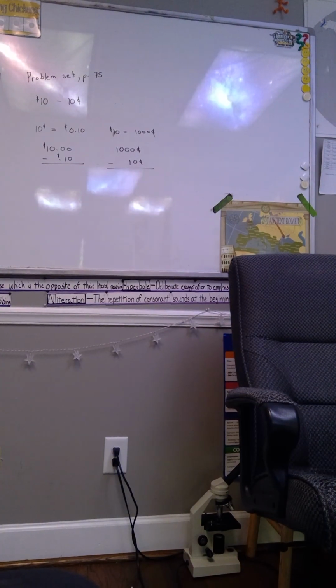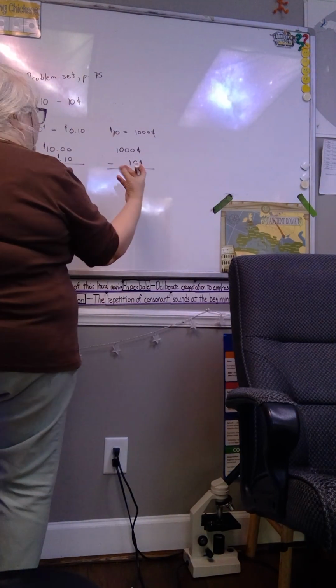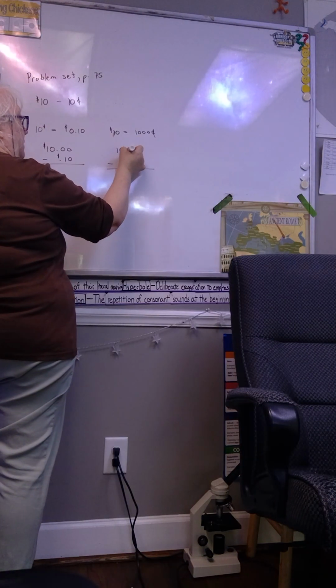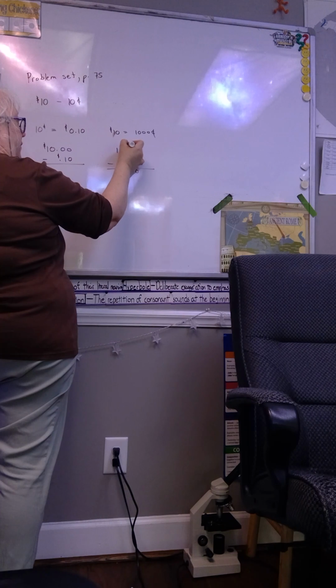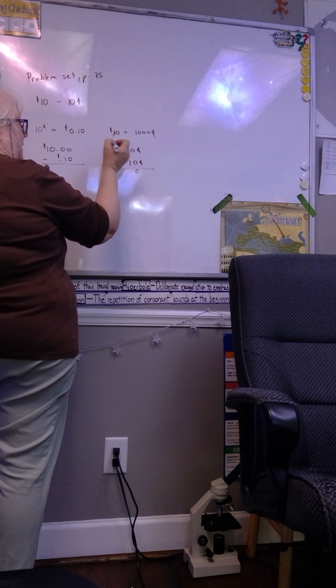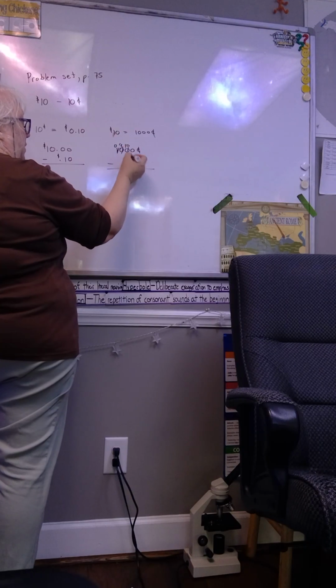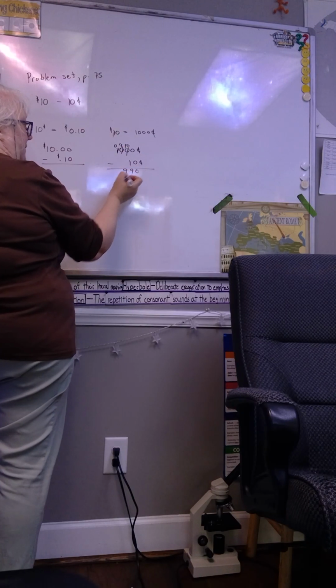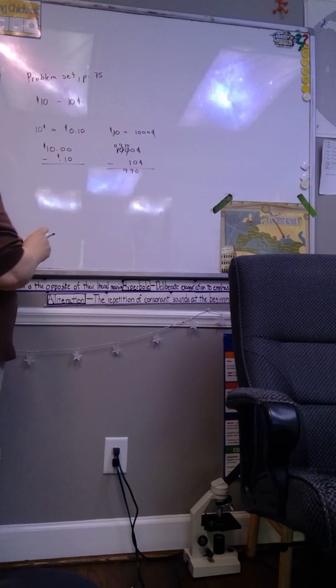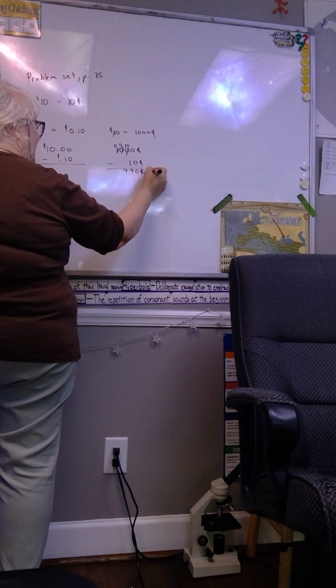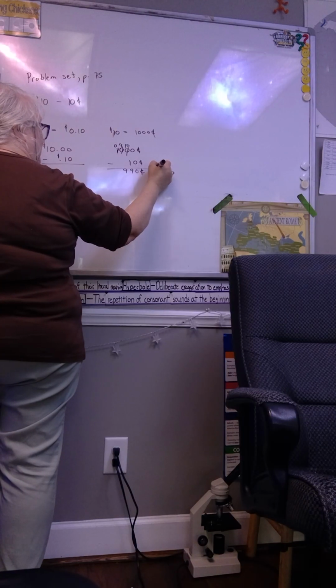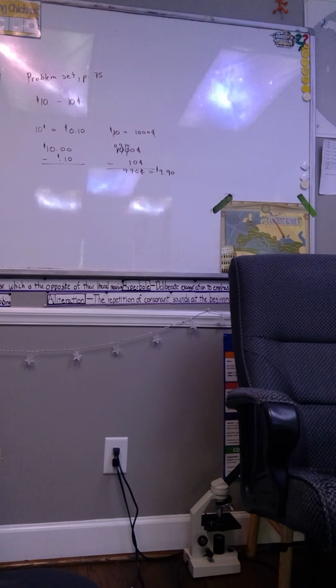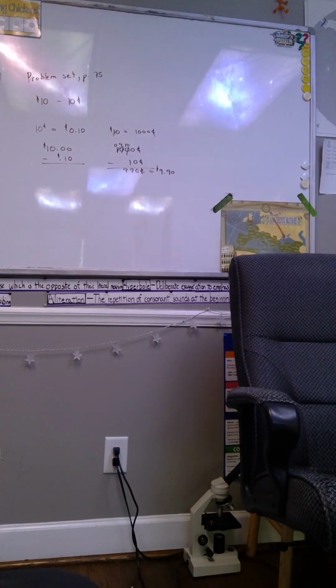So how much did you get? 90 cents. Well, you've got to, like here, 0.90. Hold on. You borrow from this and that becomes a 9. But you had to borrow from that, that's a 0. So 1 from 10 is 9, and then 990 cents, which translates into $9.90. You know, think about it in real world terms. If you had a $10 bill and you bought something for 10 cents.